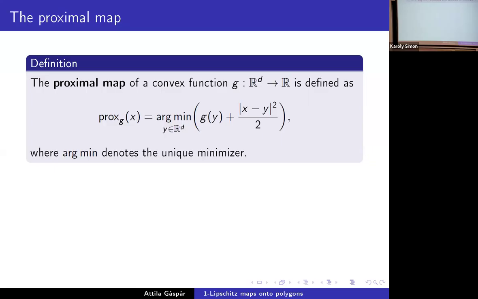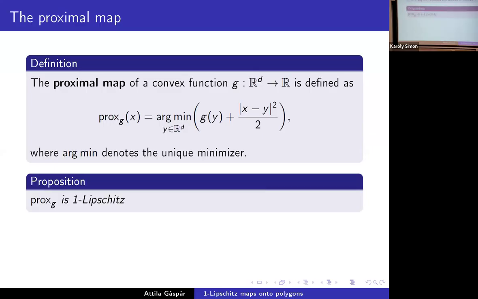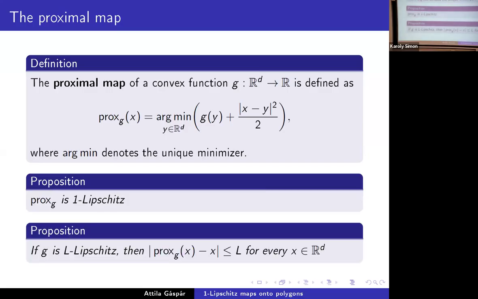Here the argmin denotes the unique minimizer, which is indeed unique by the convexity of g. The proximal map is always 1-Lipschitz, and also if g is L-Lipschitz, then the displacement of prox g is at most L everywhere.